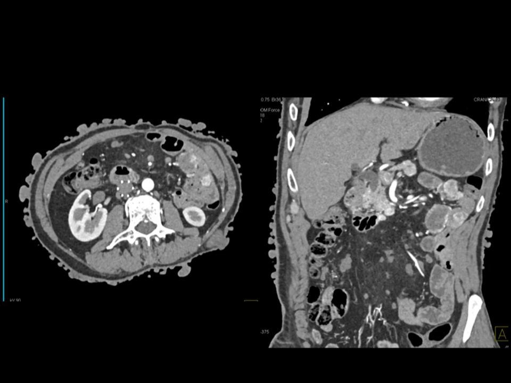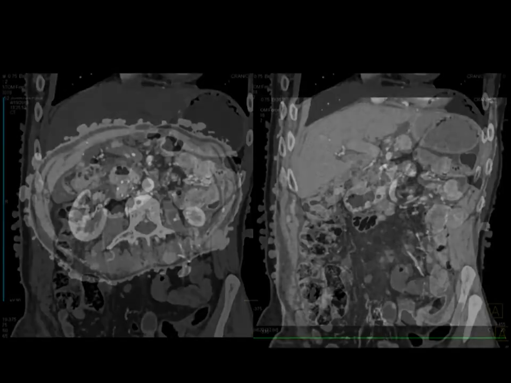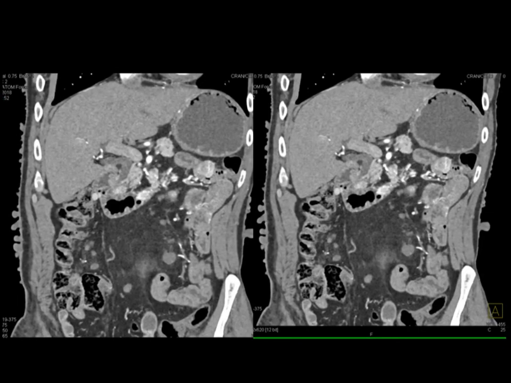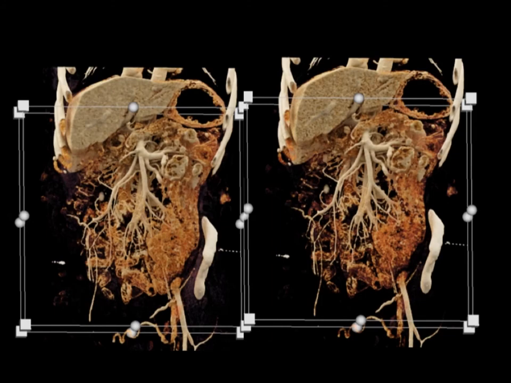Patients already had surgery. There are multiple enhancing nodules in the peripancreatic region, the body, tail, and head of pancreas. Just a wonderful example of this patient with neurofibromatosis. And here's a good example of the 3D map, the stretching of the SMV because of feeding of the mass. Again, just very nice examples on both the SMV and SMA, very nicely shown.